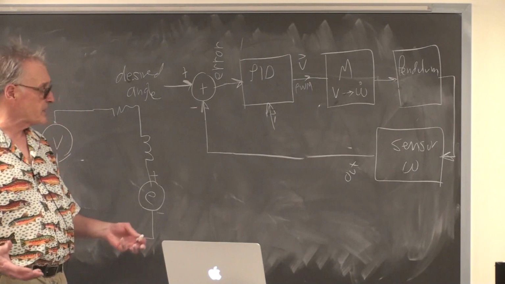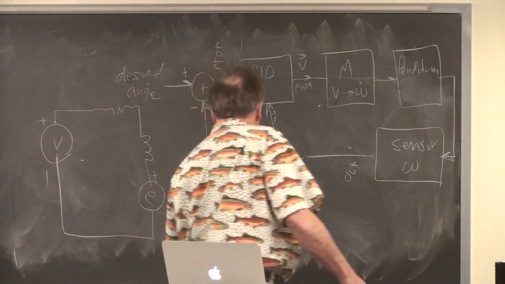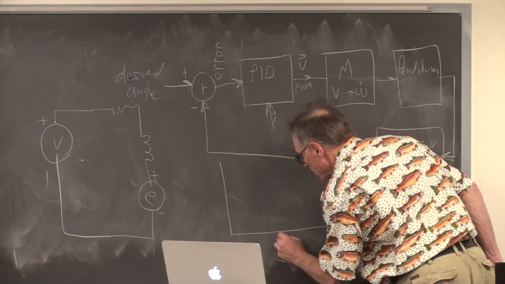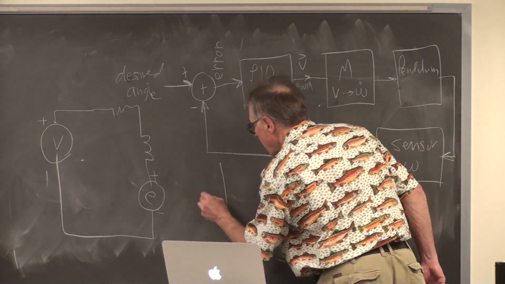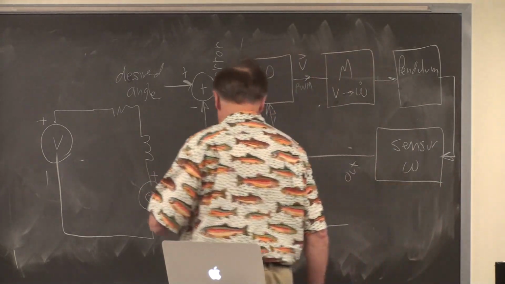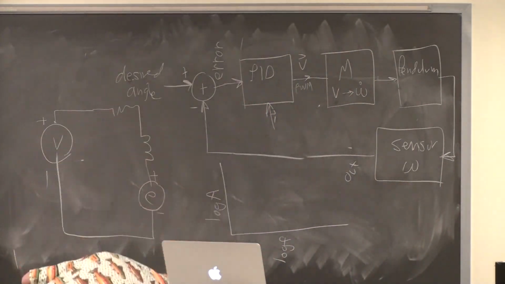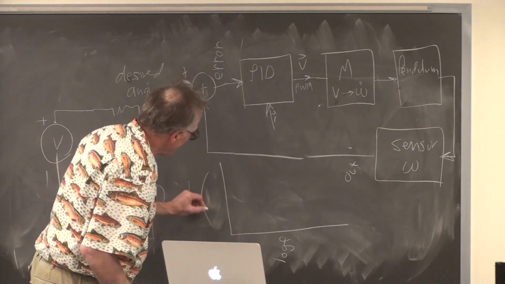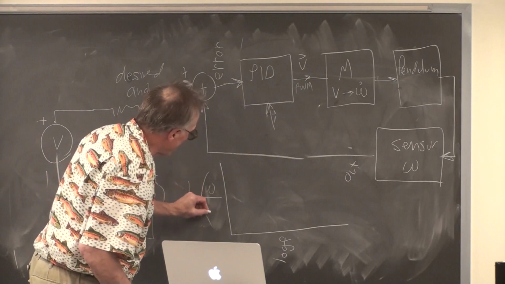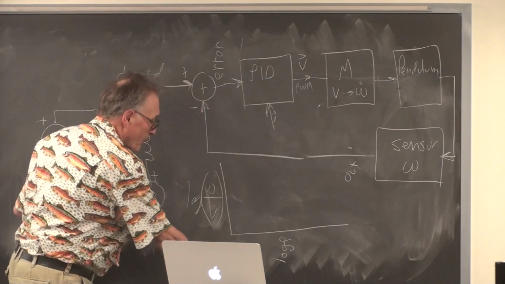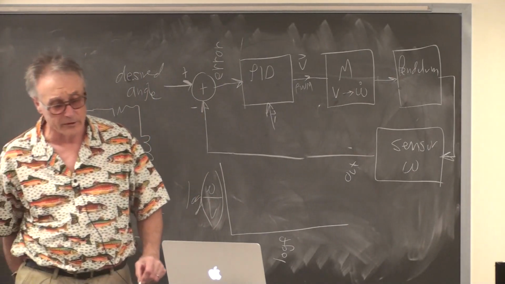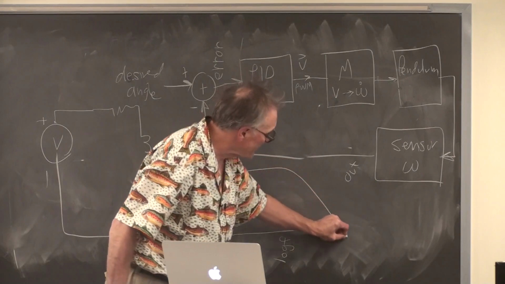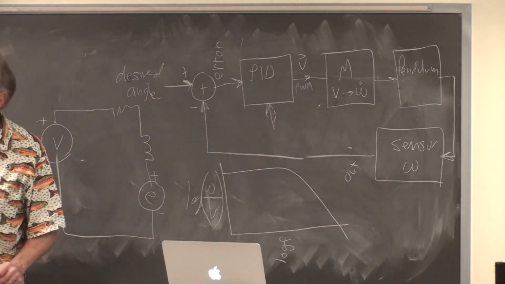If you solve this, you get a second order system. Let me abstract it away and say, if we look at log frequency versus log amplitude, or let me put it better than that, the log of omega over the applied voltage, so the speed of the motor divided by the applied voltage, we get a curve that looks like this out to some frequency, and then it drops off just like a low-pass filter.